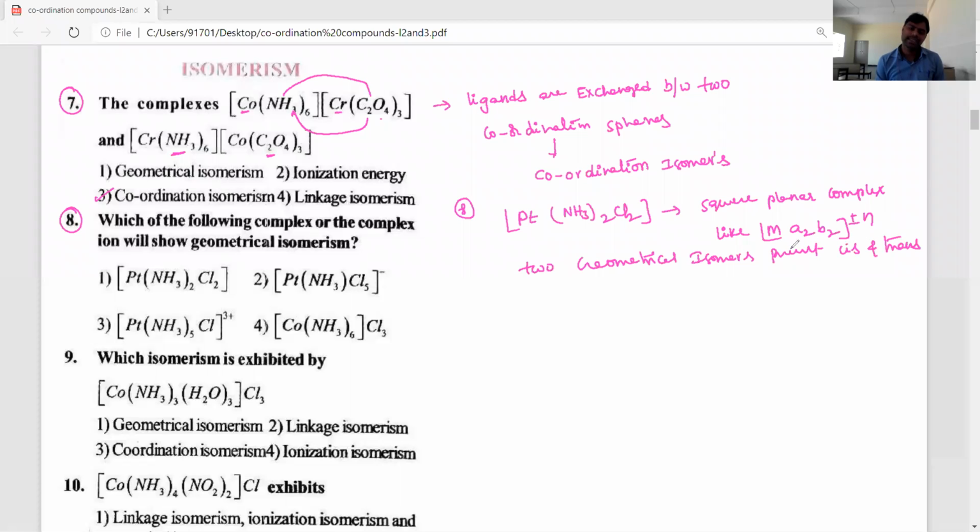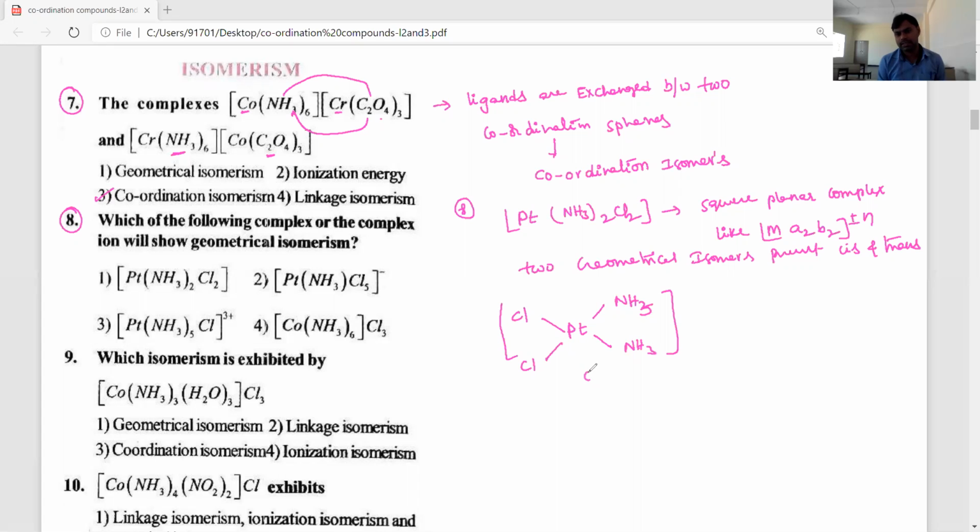Okay, students, the same kind of questions are repeated in board examinations also. They will give one complex formula and ask you to write or draw the correct geometrical isomers. How to write cis and trans, dear students? Platinum is the central atom. Around the platinum, if the same groups are on the same side, it is called cis. If they are on opposite sides, it is called trans.